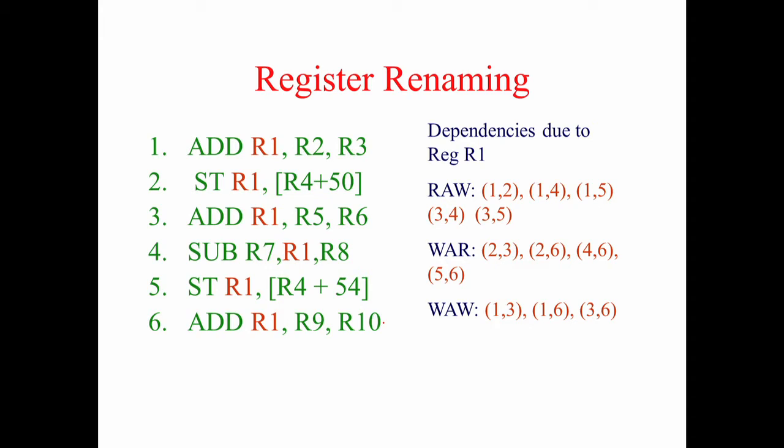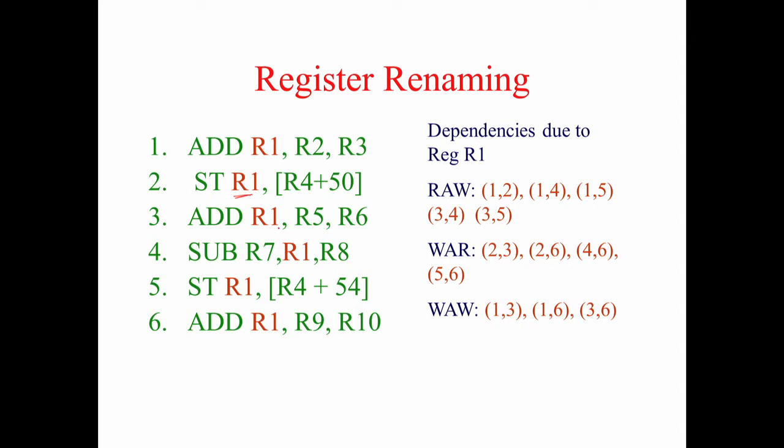There is a read after write between 1 and 2, because 1 is writing into R1, and store is reading from R1 and storing it in R4 plus 50. So, this is a read after write.